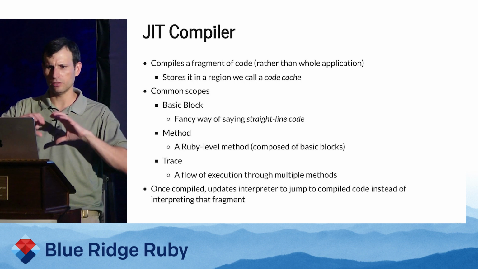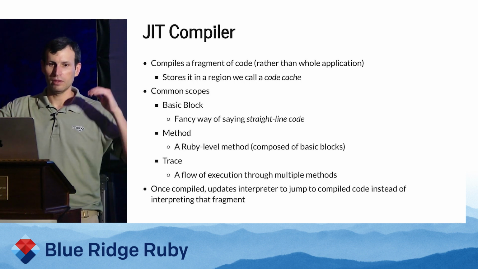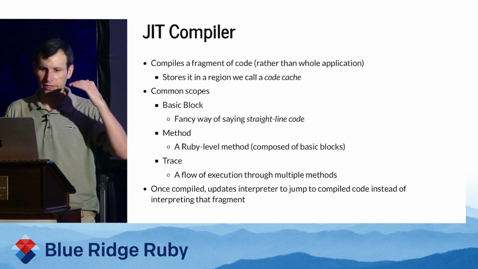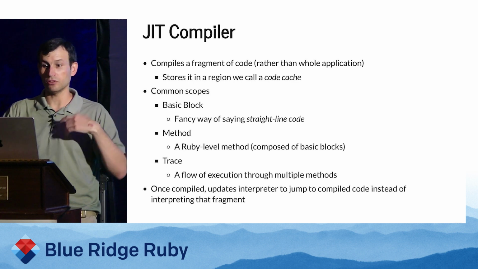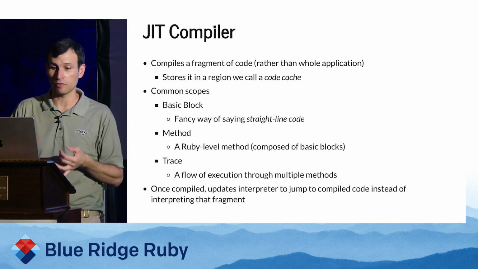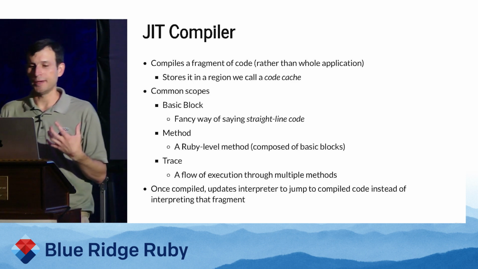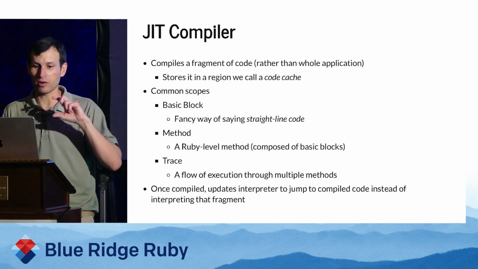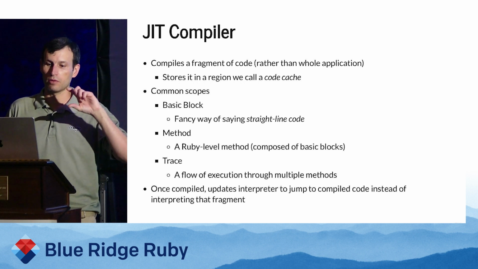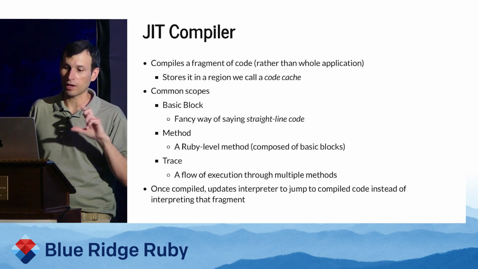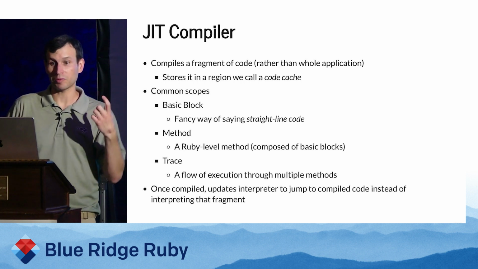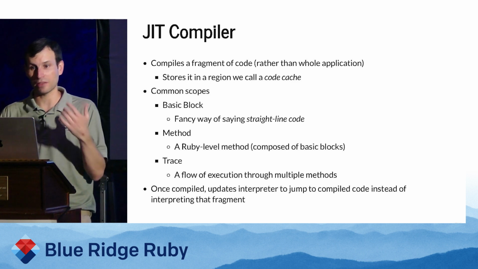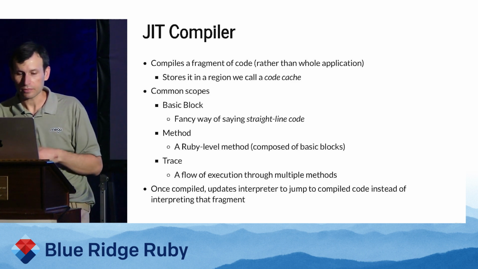So if we were to just look at a method, anytime you execute an instruction all the way up until you branch, which would mean making another function call or having an if-else or a ternary operator, all those parts that don't need to jump around group together in something called a basic block. And a compiler can optimize that code very well because it knows nothing else is executing in between.